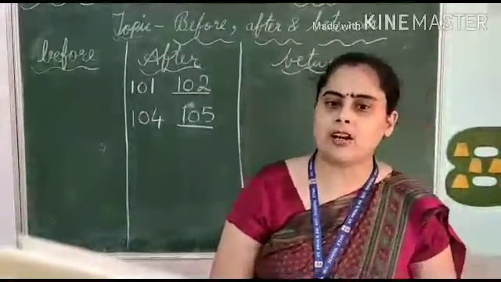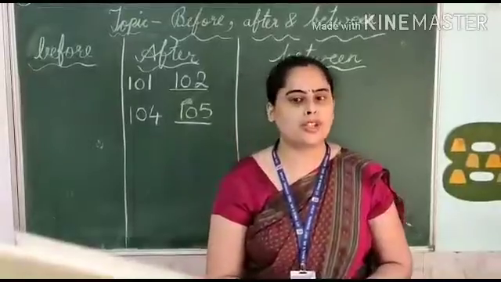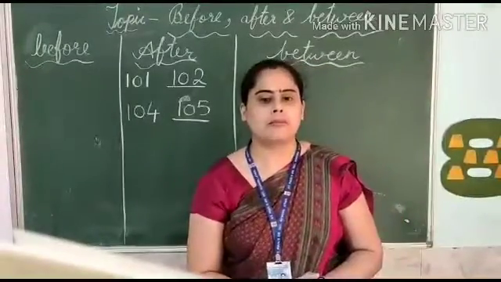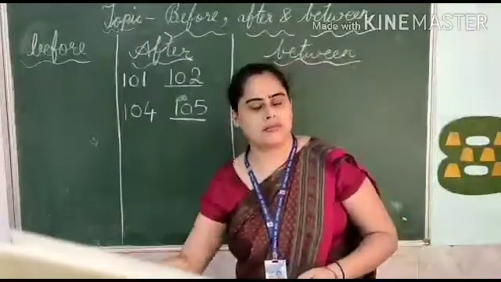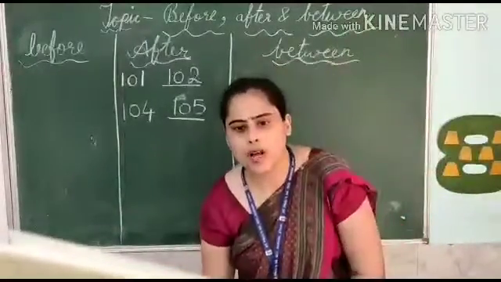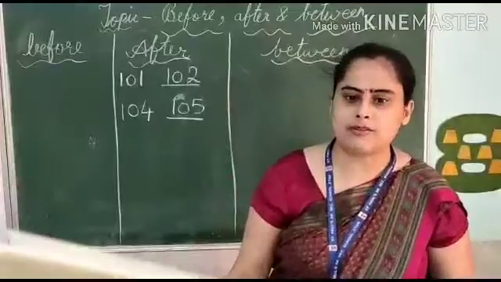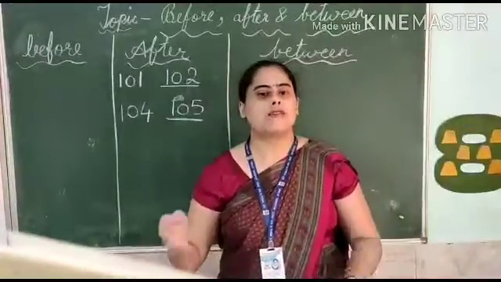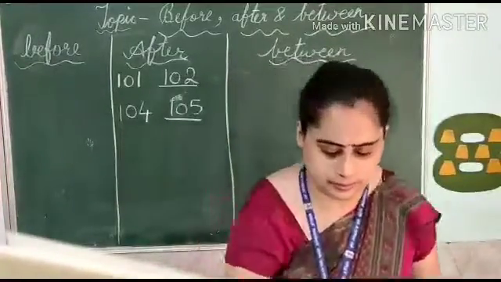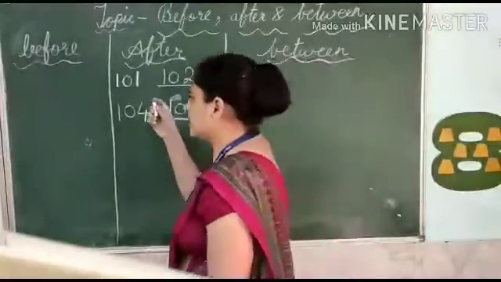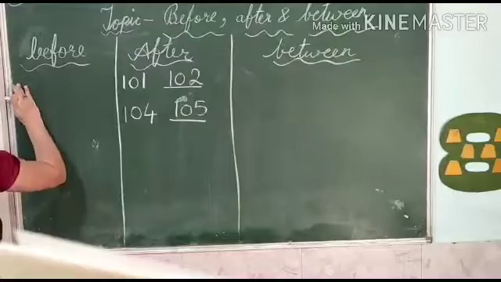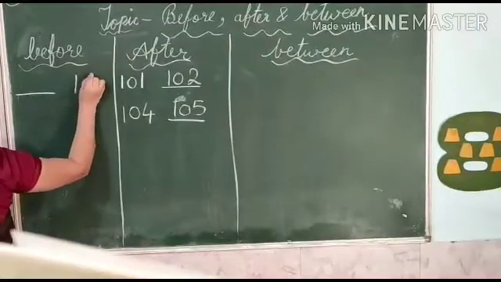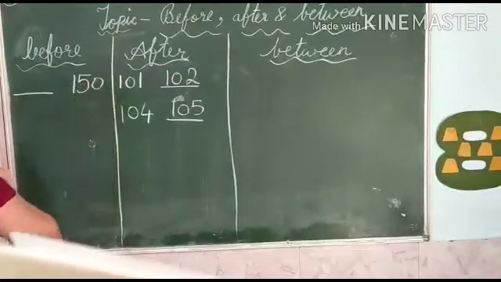Likewise, in backward counting, we use the before approach and method. For example, from bigger number to smaller number. What comes before 150?